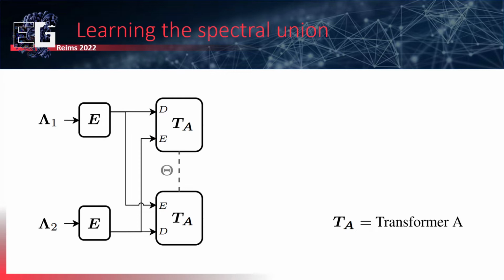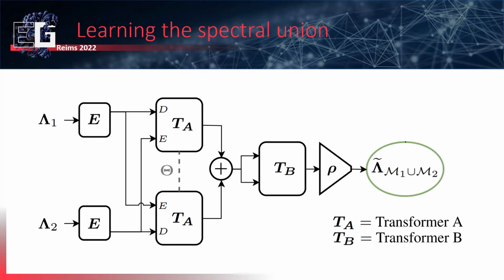Those two transformers produce the embeddings of the two spectra. And those embeddings are summed together. The sum produces the embedding of the union spectrum that is then decoded by yet another transformer. The output of this model is the spectrum of an unknown shape, which is the result of the union of the two input shapes.